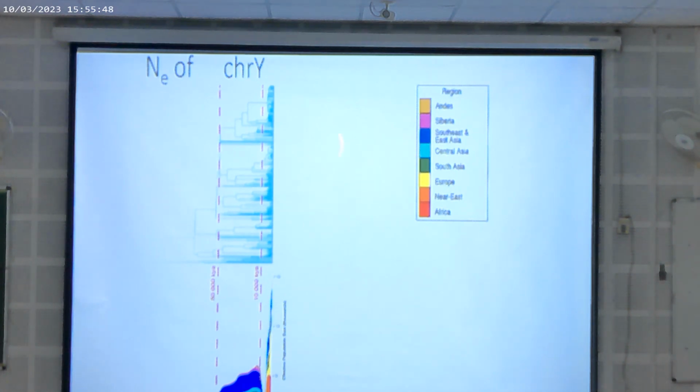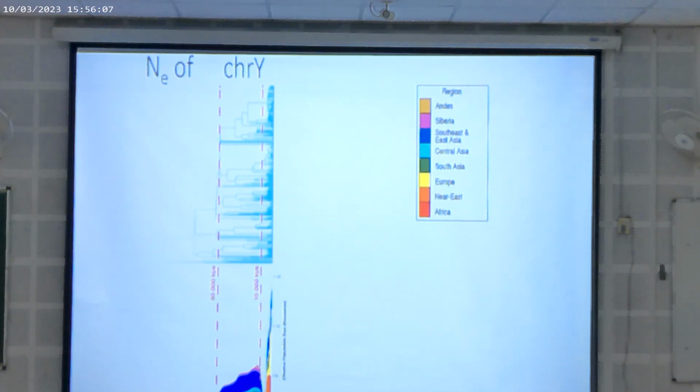And it is all based on the same underlying phylogeny, and this is also depicted up here. These lines show the 50,000 years line and the 10,000 years ago line, just as a marker.